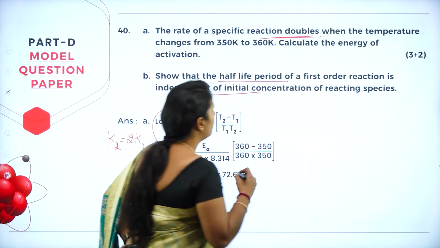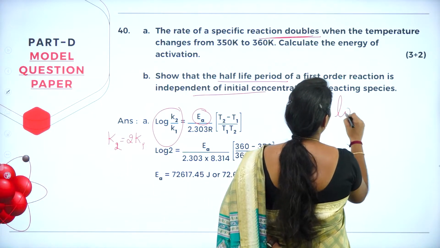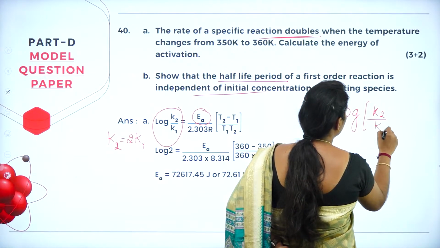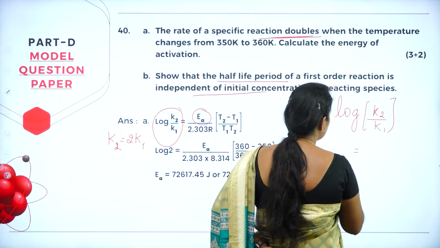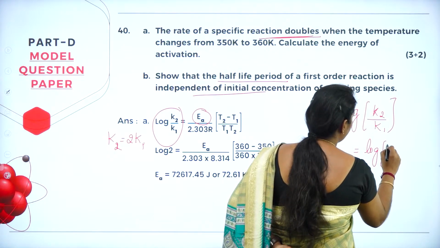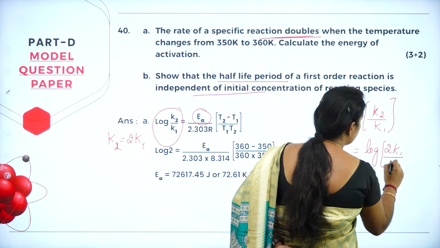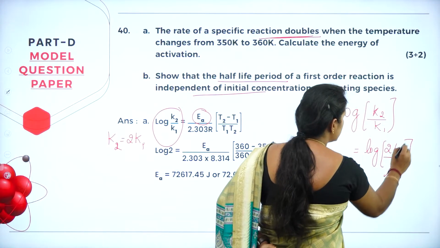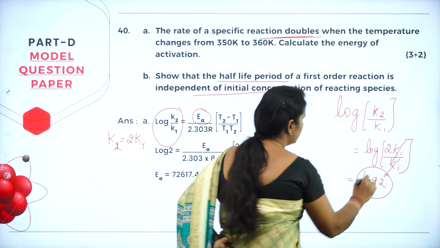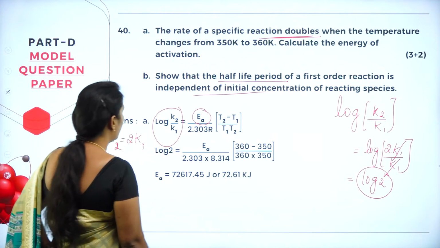Now if you write, you will understand that log K2 by K1 is nothing but 2 into K1 divided by K1, right? So K1 gets cancelled, it will become log 2. Okay, so you will get log 2.